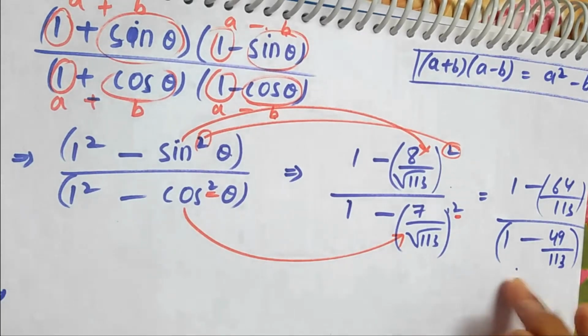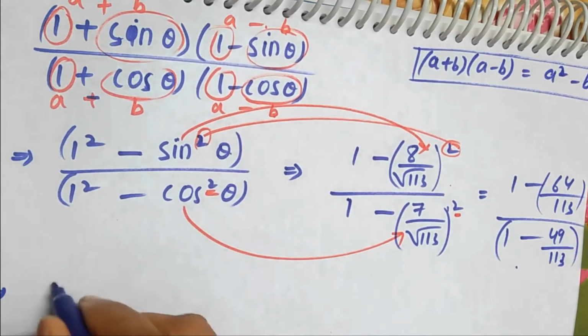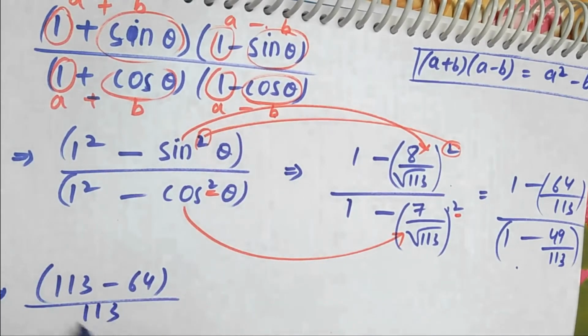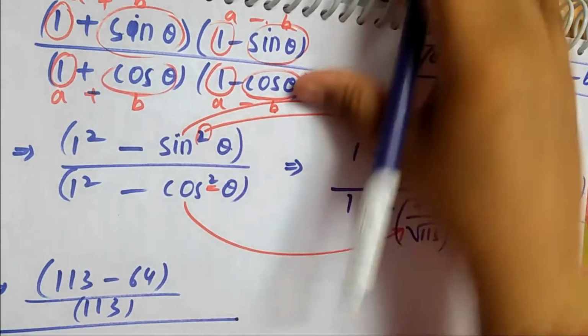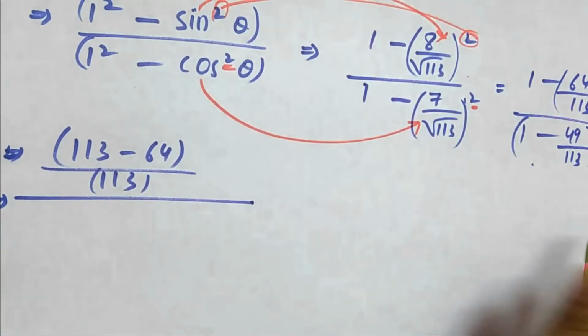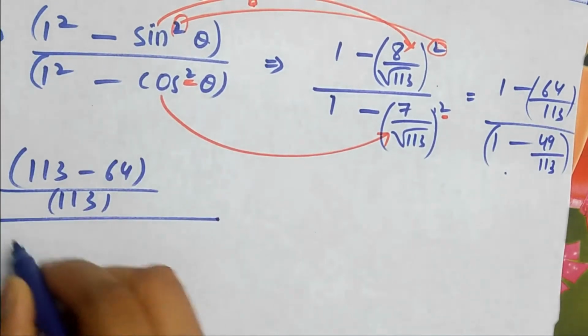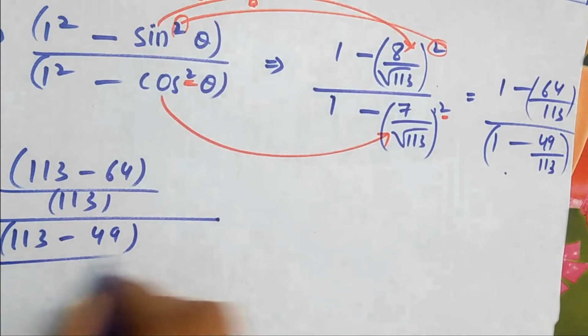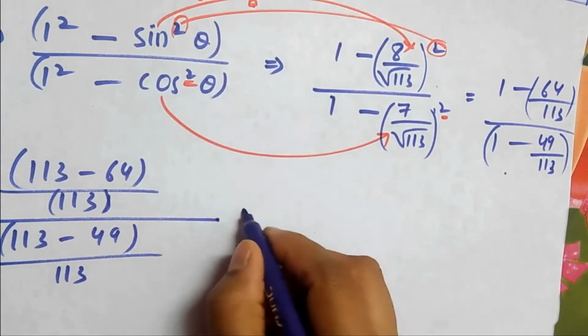Simplifying now, we are taking the LCM. It is very simple now: 113 minus 64 the whole divided by 113, the whole divided by 113 minus 49 the whole divided by 113.